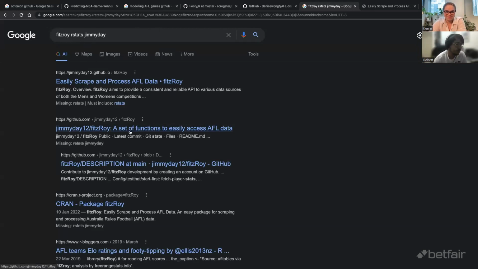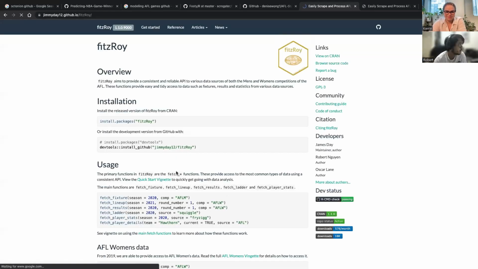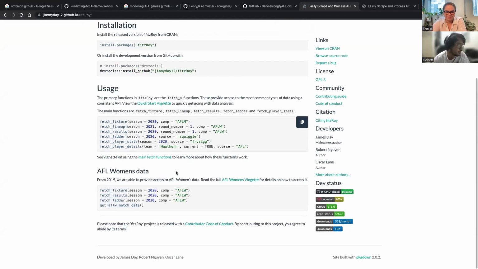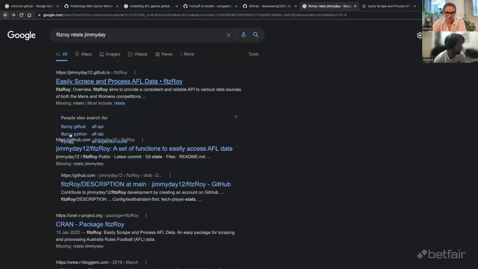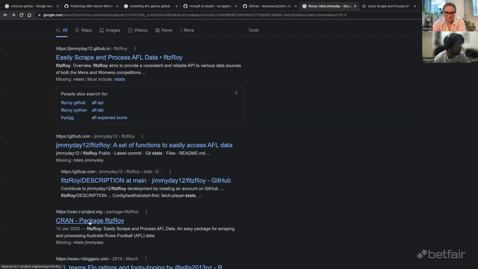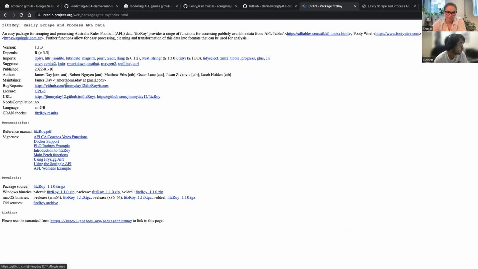There's basically 2 sources. You have a GitHub version, which is a development version, which means you get the latest things that people have thought would be cool to add, for example, the AFL website, AFLW data. That's awesome. Or you can hop onto a more stable version, which is on CRAN, which is available here.